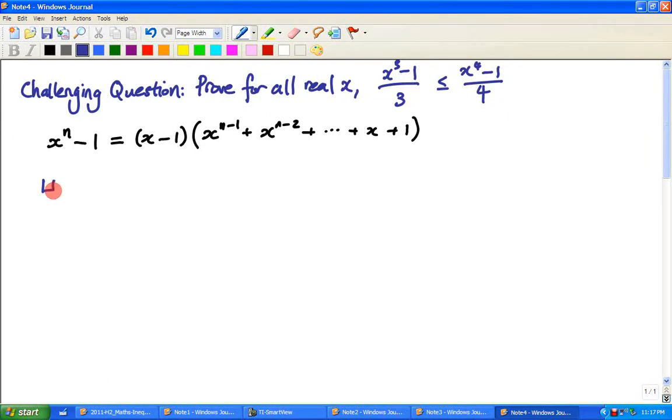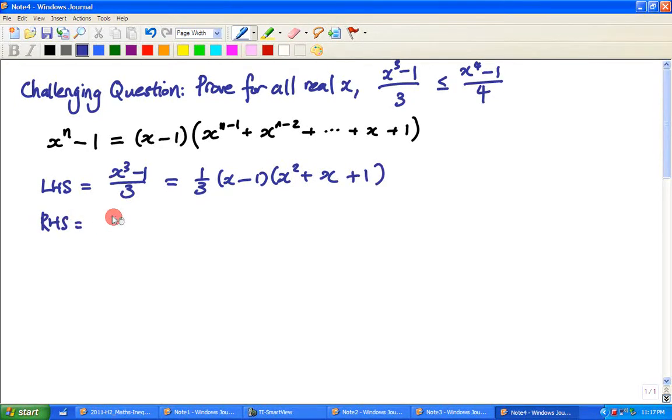Now, from here, the left hand side will be equal to x cubed minus 1 over 3, which is equal to 1/3 times x minus 1 times x squared plus x plus 1. Whereas the right hand side of the inequality is equal to x to the 4 minus 1 over 4, equal to 1/4 times x minus 1 times x cubed plus x squared plus x plus 1.